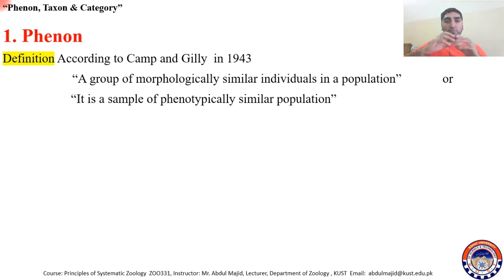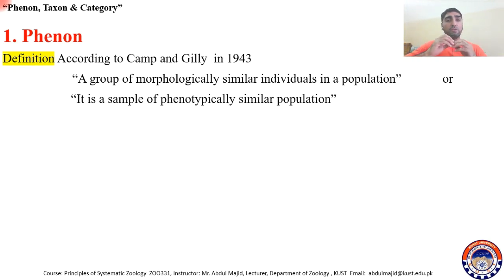That means if they are physically similar, for example, if the eye color is similar in certain individuals, there is a phenon. If the hairs are similar, for example, curly hairs or straight hairs as a character, if 5 or 6 individuals have similar curly hairs, there is one phenon.